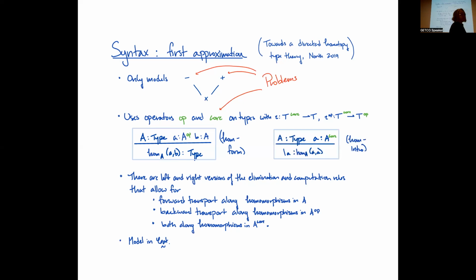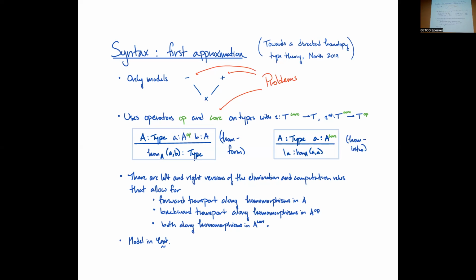So that's great. Okay, but there are some problems with this. That's why it's just the first approximation, first toy syntax. So the first problem is that we're only modeling these 3 notions of transport: backwards, forwards, and the really minimal one.